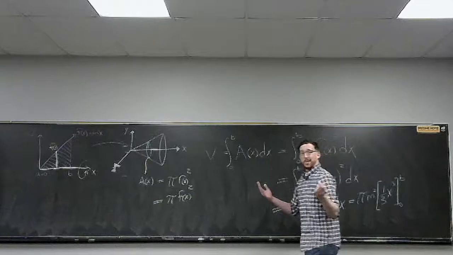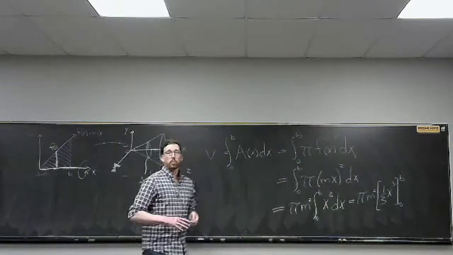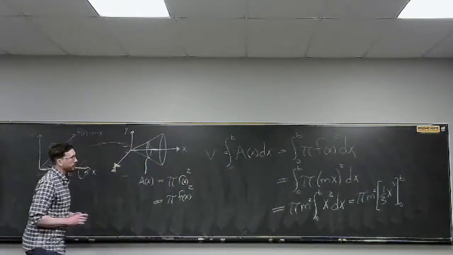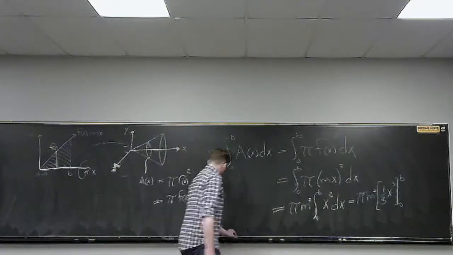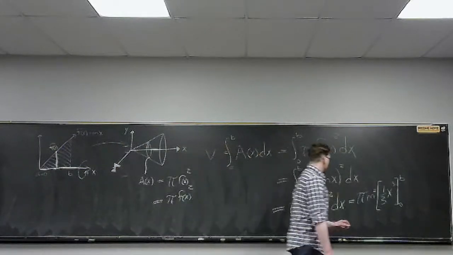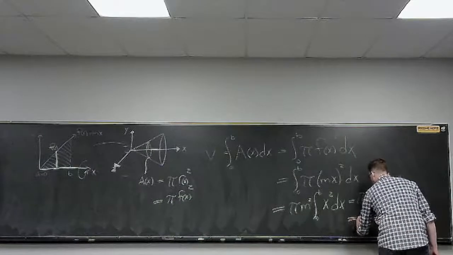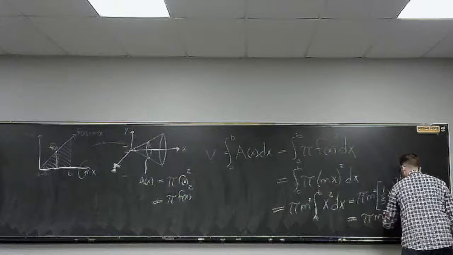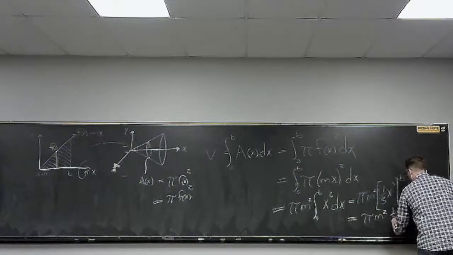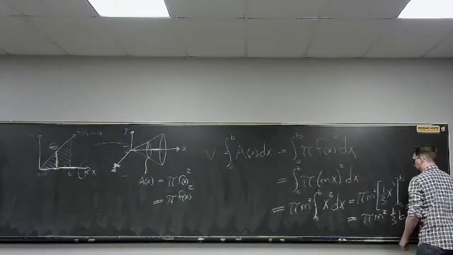And that's it. We just have to do the algebra now. Everything disappears at 0, so we would be left with pi times m squared times 1/3 b cubed.